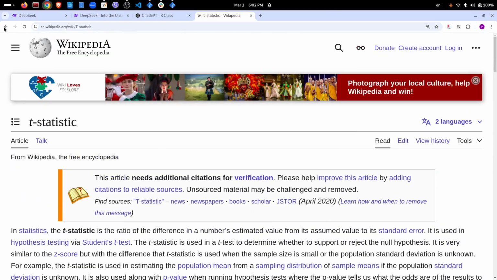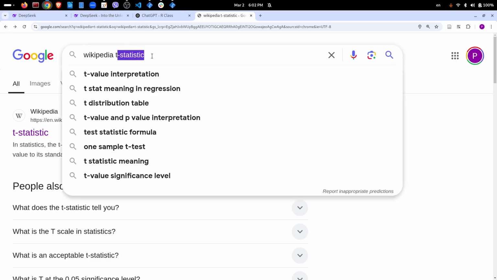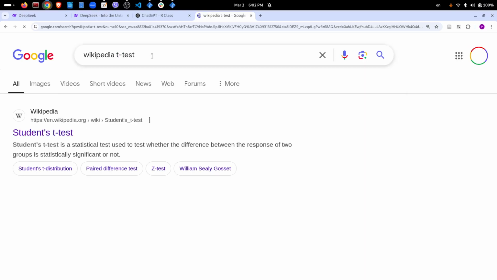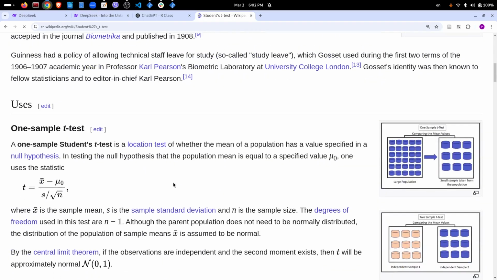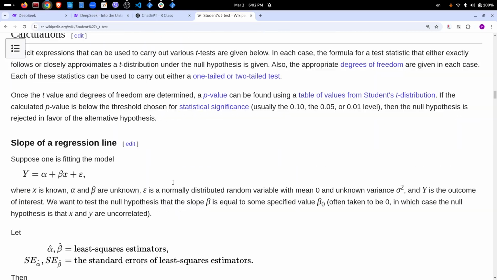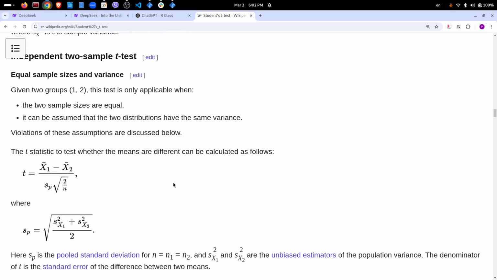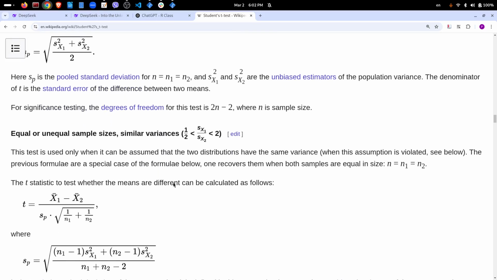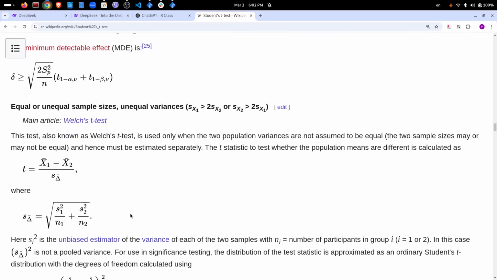Let's see, t-test maybe it's better. This one is the formula. It's fine, it's correct.